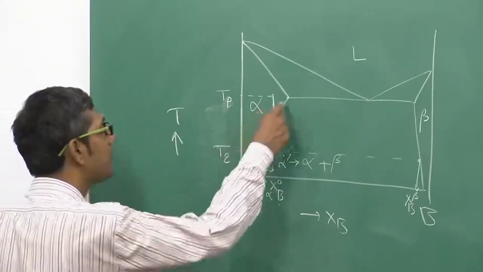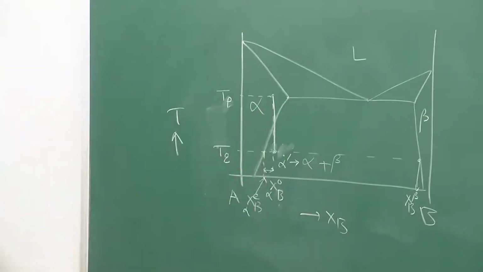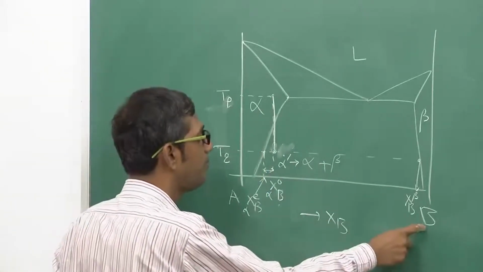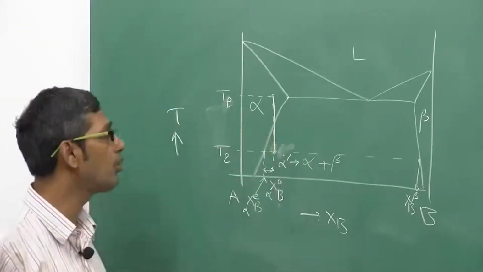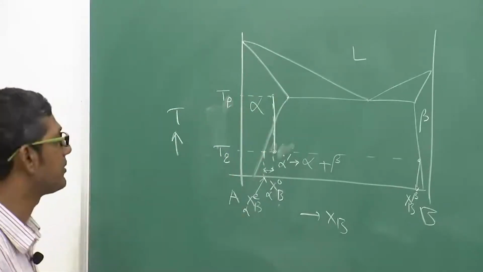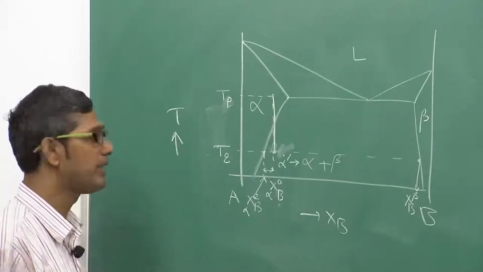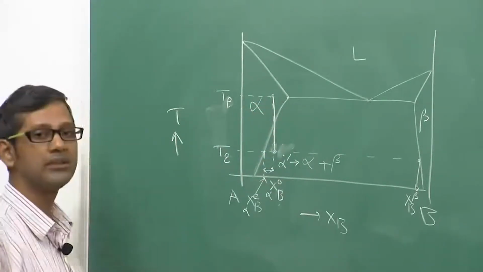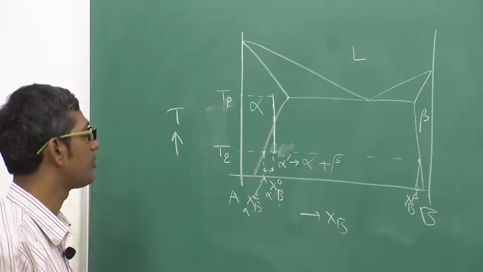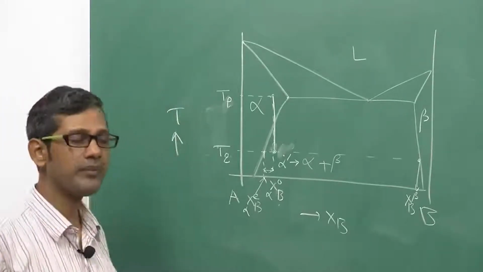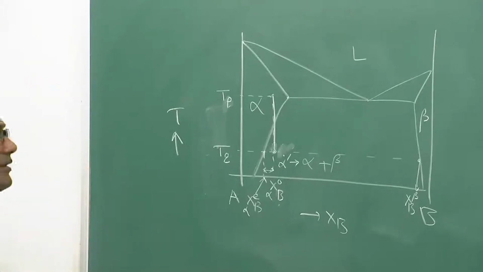Now we must have a phase diagram in which the solid solubility of B in the alpha phase changes quite drastically as a function of temperature, only then. If it changes very little, then precipitation hardening is not possible. So only in phase diagrams like aluminum copper, and in the case of magnesium oxide and aluminum oxide, are there such phase diagrams.